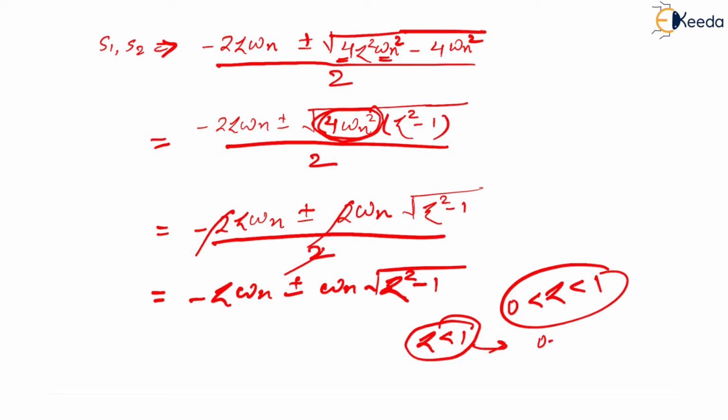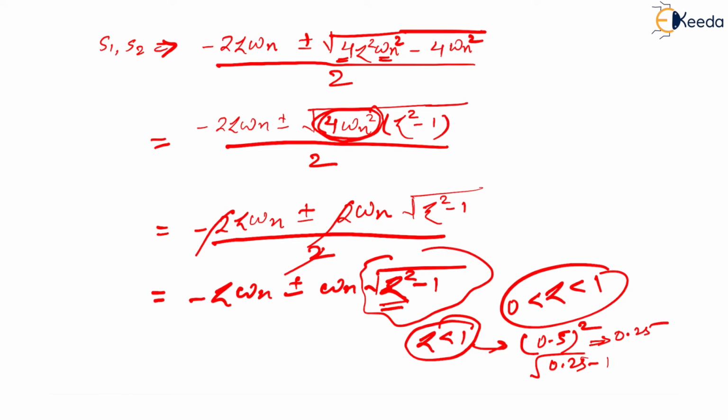For example, let me take zeta equal to 0.5, then zeta squared is 0.25. Now 0.25 minus 1 under root is what we have here. Whatever term you get is going to be negative 0.75. Correct or not? It is going to be a negative term.